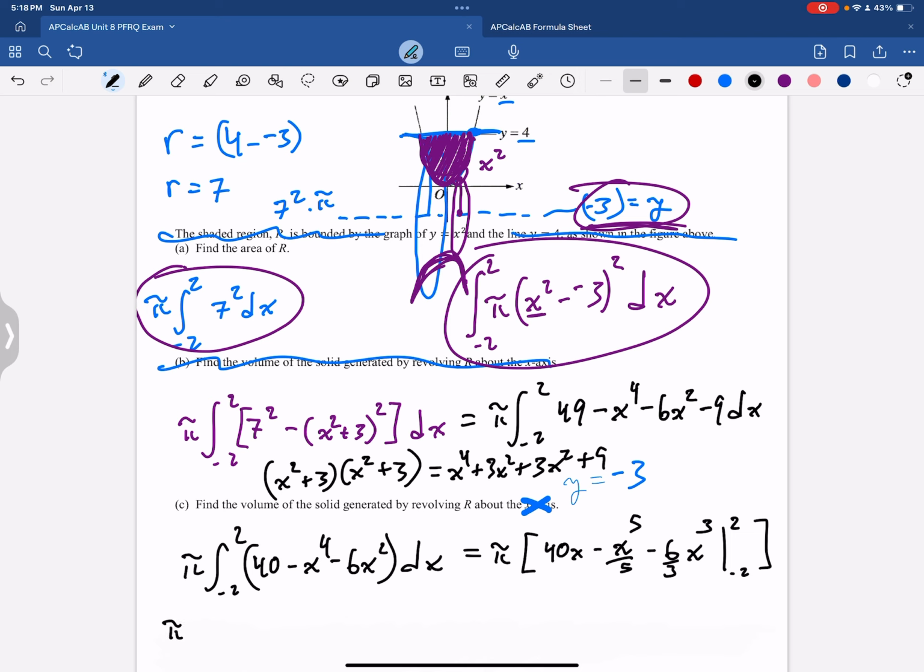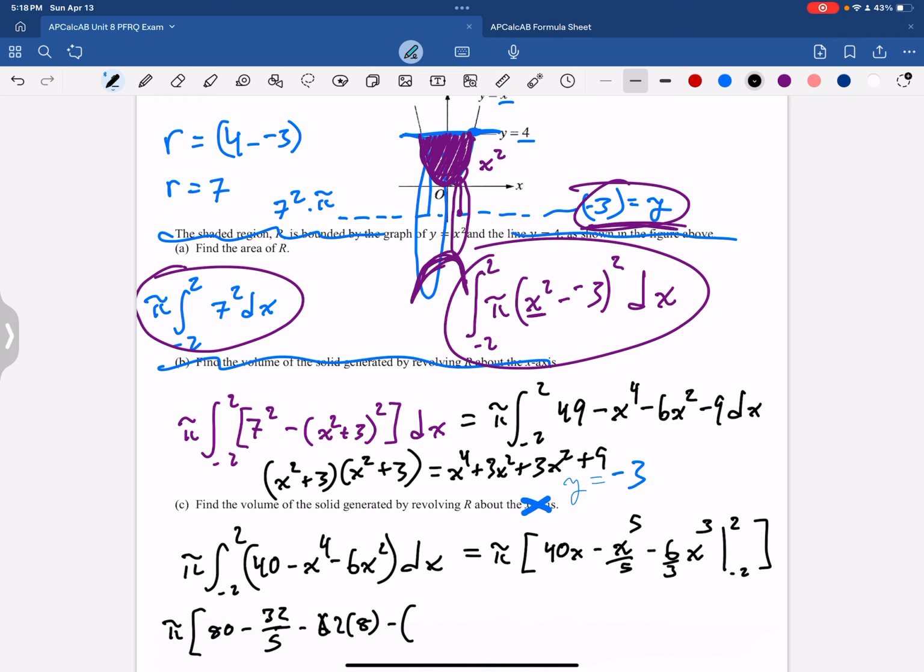So we have pi times, plugging in 2, we get 80 minus 2 to the fifth, which is 32, so 32 over 5, minus 2 times 8.